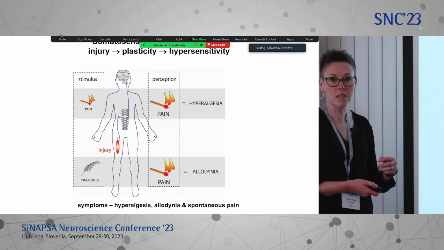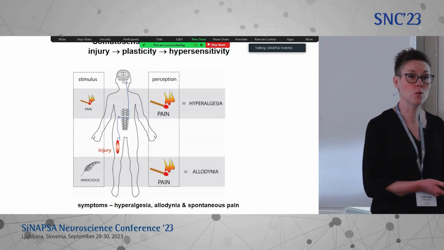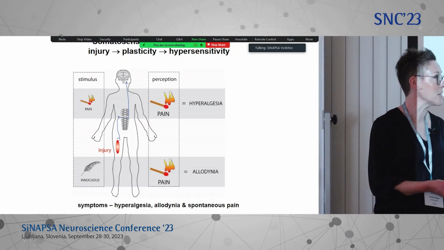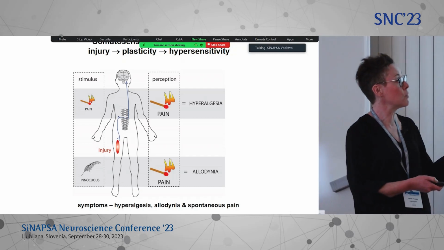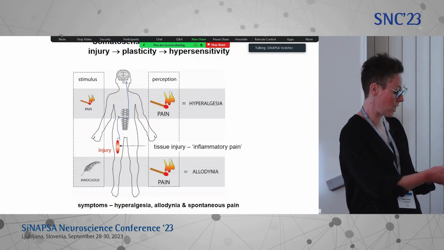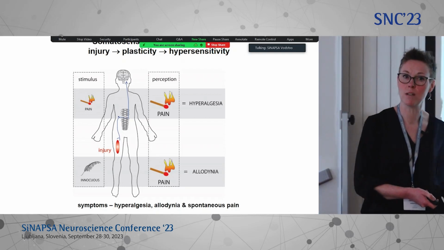So we know that this somatosensory system is not fixed, we know that it's dynamic, and that following injury, there is plasticity in the system that can drive hypersensitivity. And that hypersensitivity is characterized by the symptoms of hyperalgesia, allodynia, and spontaneous pain.